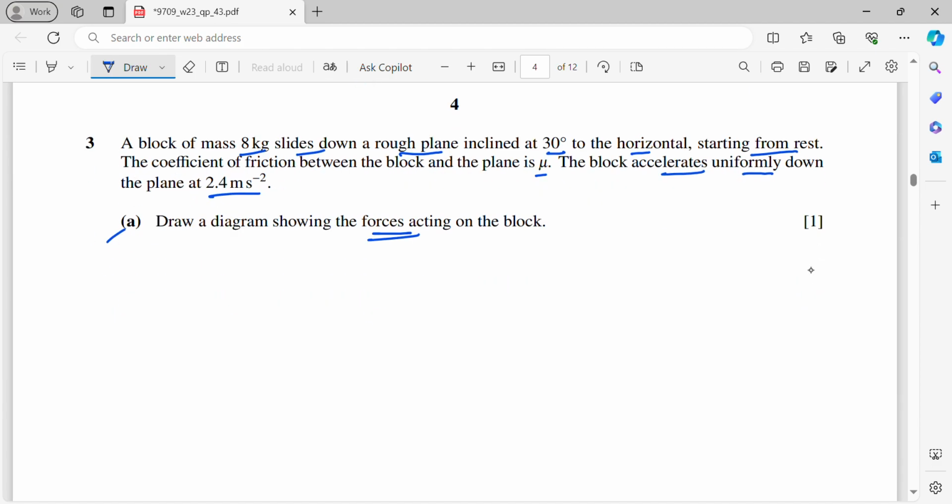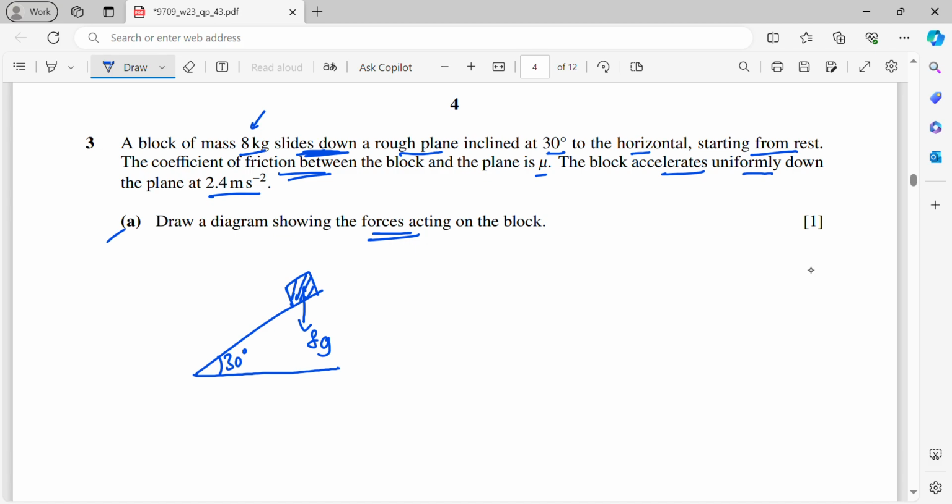Okay, basically, this is the plane. So this is the block. Now the question is asking for forces. Firstly, you must have the weight, which is mg, because the mass is 8. Then it is inclined at 30 degrees. And you have a frictional force. Okay, so it's mentioned that it will be sliding down.